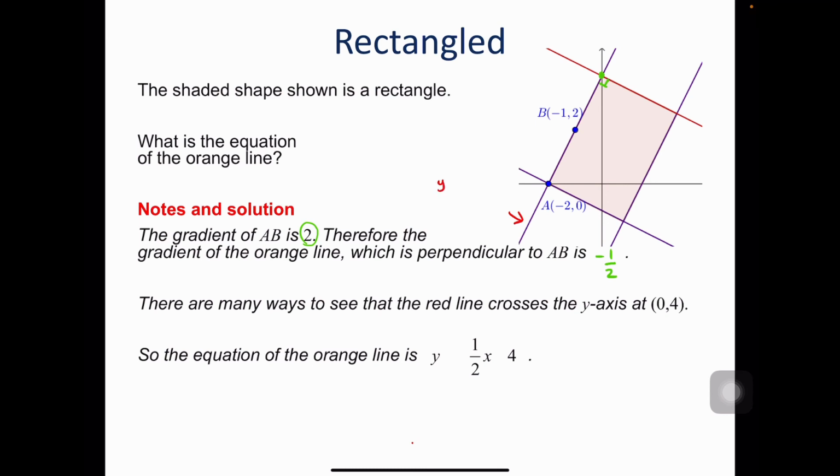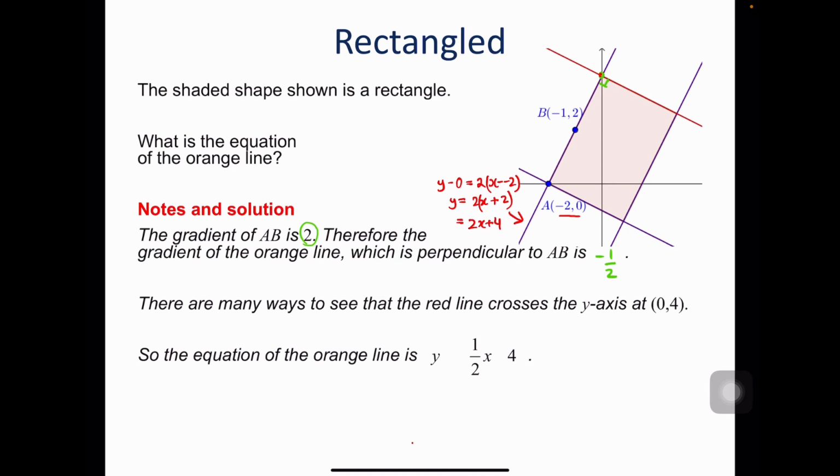So I'm going to write y take away 0. I'm going to use this coordinate. y minus 0 equals 2 times x take away negative 2. That's y equals 2 times x plus 2, which equals 2x plus 4.